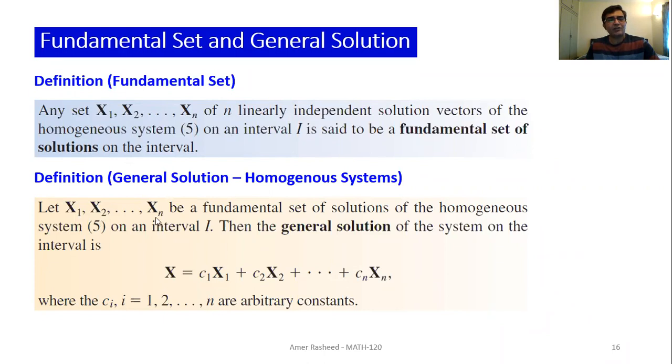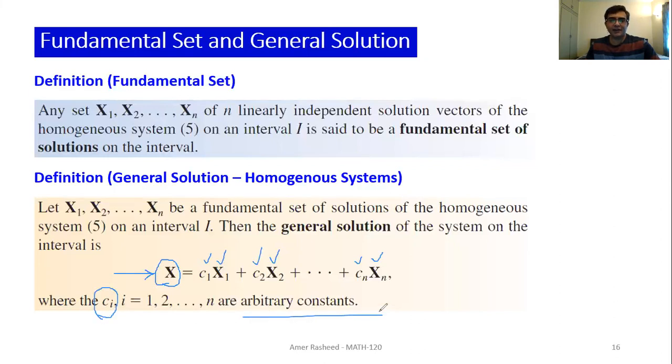If x1, x2, xn form a fundamental set of solutions of the homogeneous linear system, and this is only valid for a homogeneous linear system, then the general solution can be written in this form: C1 times x1 plus C2 times x2, and so on, Cn times xn, where the Ci's are arbitrary constants.